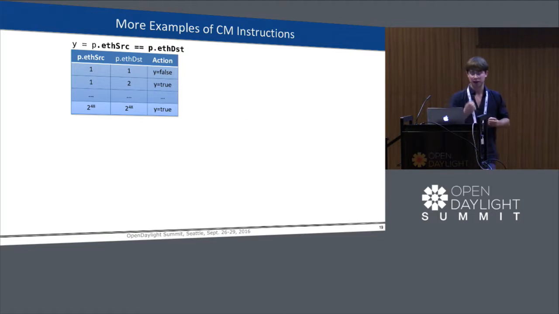A second example of a compact mappable instruction. Take the Boolean expression packet.source equals packet.destination. The naive way of doing this would be to list all 2 to the 48 times 2 to the 48 different variables. The obvious problem with this instruction is that there are not enough atoms in the universe to represent this particular pipeline.